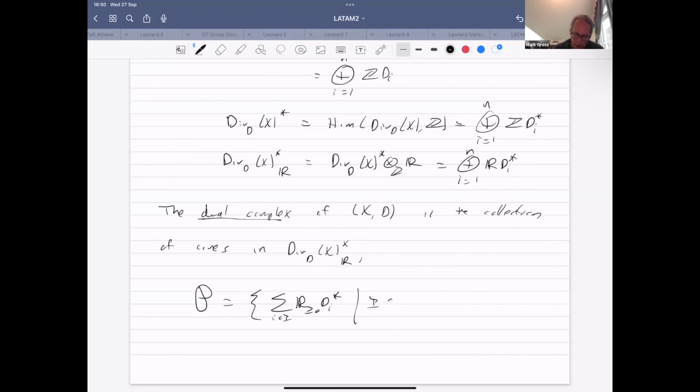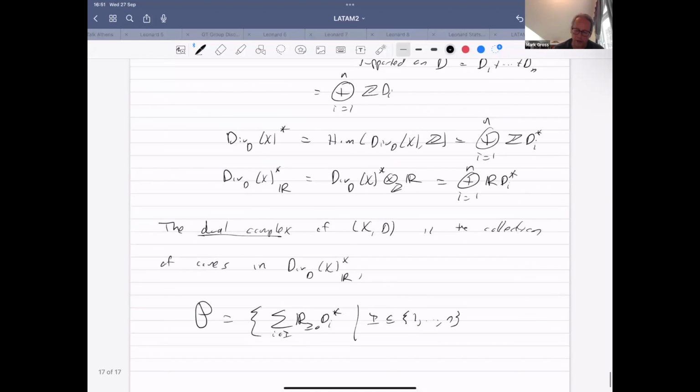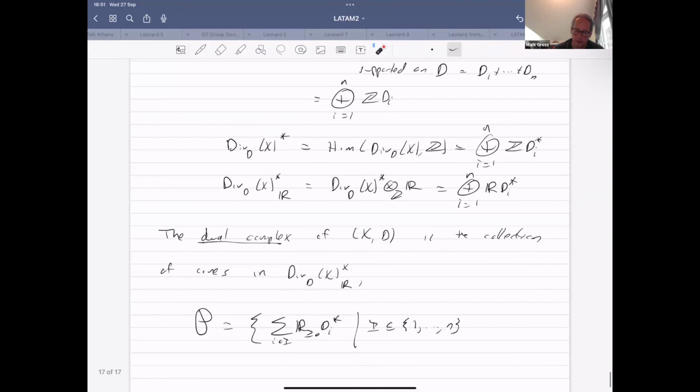And here I ranges over subsets of 1 through n, remember the n indexes these divisors, such that the intersection over i in I of Di is non-empty.